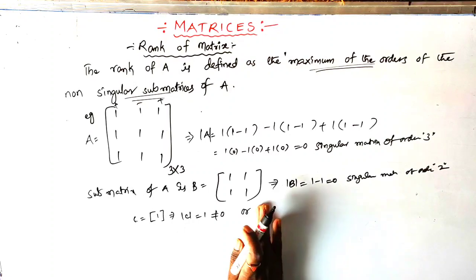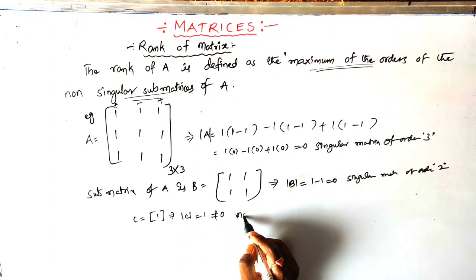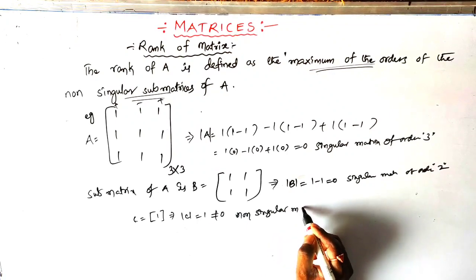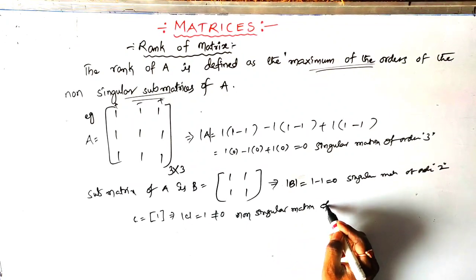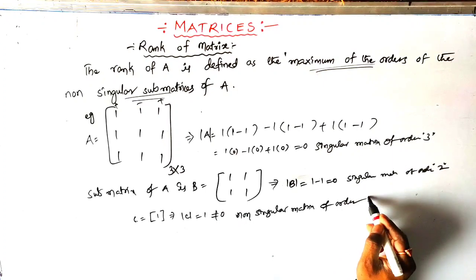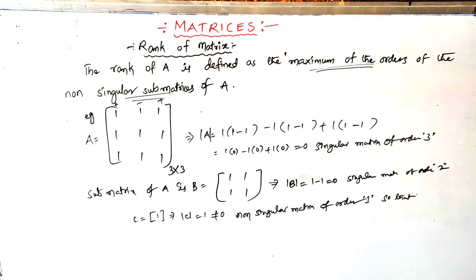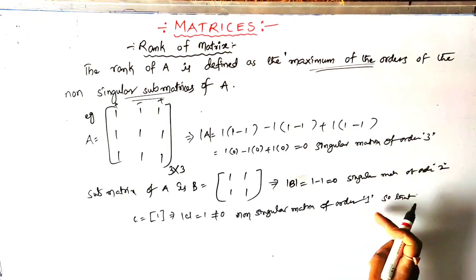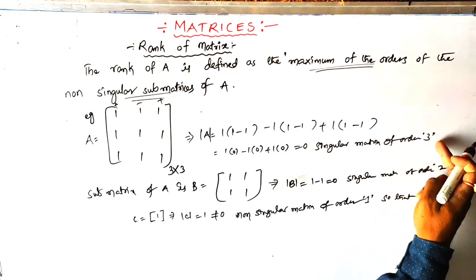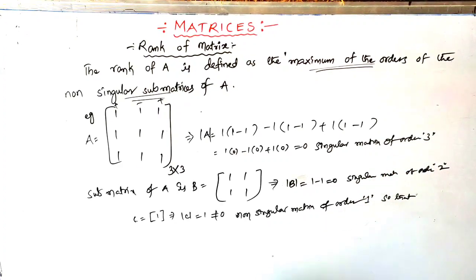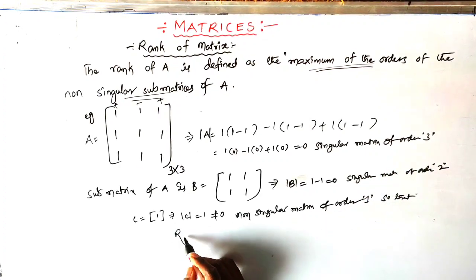So this is also a non-singular matrix of order 1. So what is the maximum order here? That is nothing but 3, 2, 1 are there. So these two are singular matrices, but this is the only non-singular matrix.